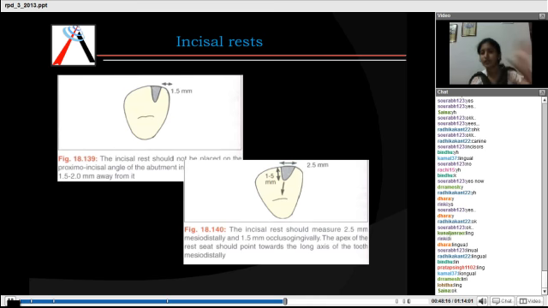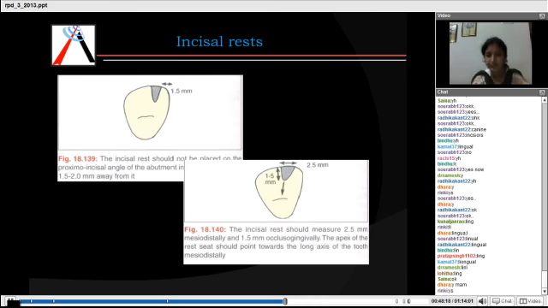Now we'll talk about them individually. Incisal rest: they say the incisal rest should be 1.5 mm away from the proximo-incisal angle. If you have to place a rest on the incisor, there is no alternative. The rest area should be 1.5 mm away from the proximo-incisal angle.